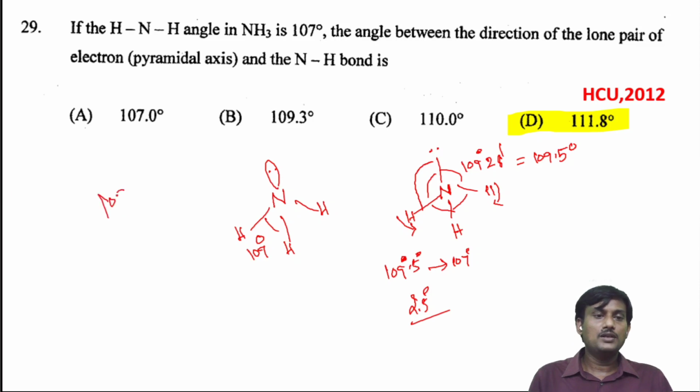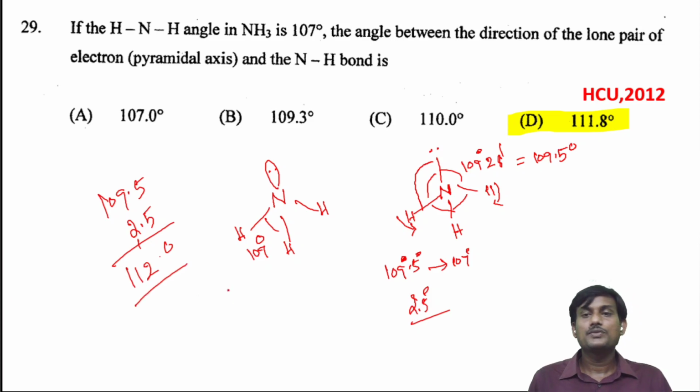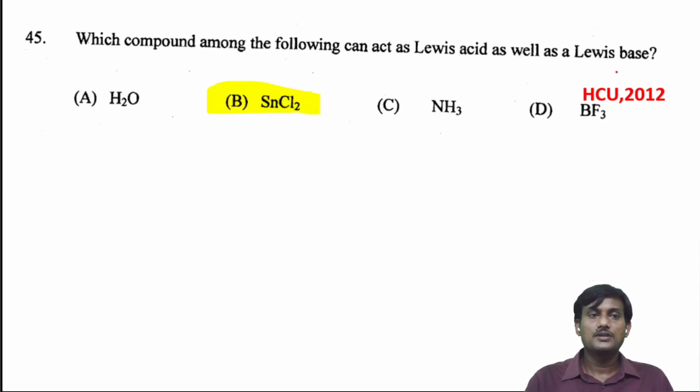So we have to add 109.5 with 2.5. You will get 112 degrees. It's nearly equal to 111.8 degrees. This is the correct option.